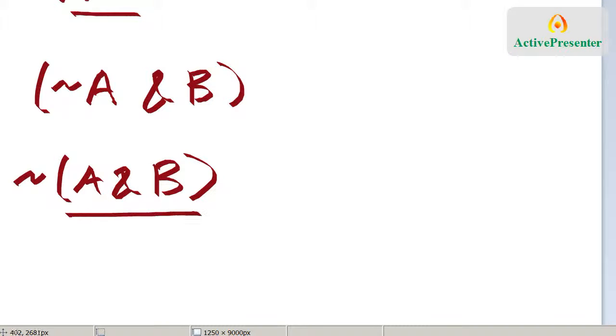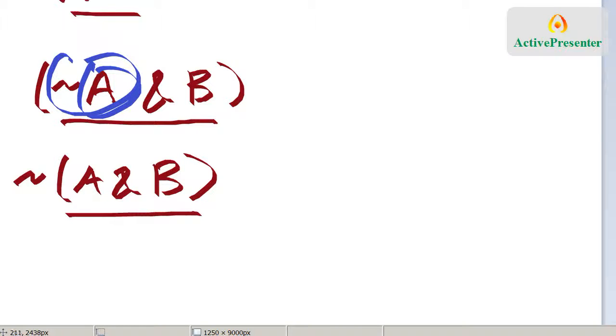So this one is, we have the tilde on the outside, and then in parentheses A and B. So basically what we're saying, this whole thing, A and B, is not the case. Now up here, what we have is, again, another expression with an ampersand in it, but the tilde, the not, only applies to the A. So only the A itself is being negated, and then B is just as it is.